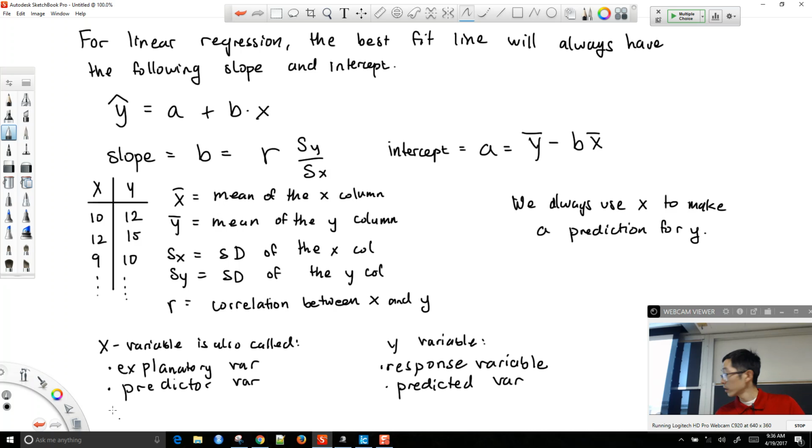X may also be called the independent variable, and y may be called the dependent variable.